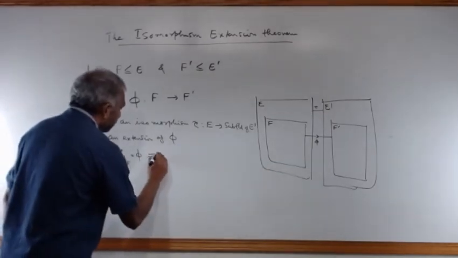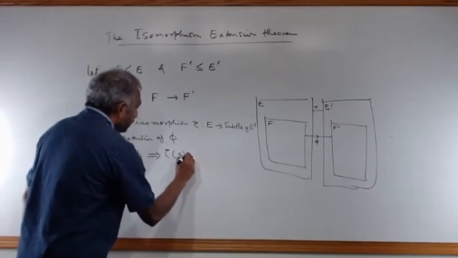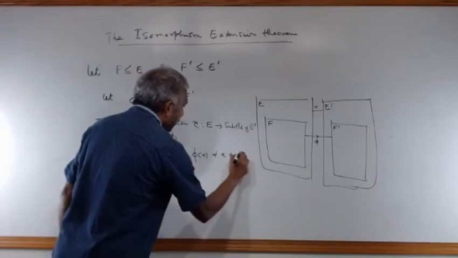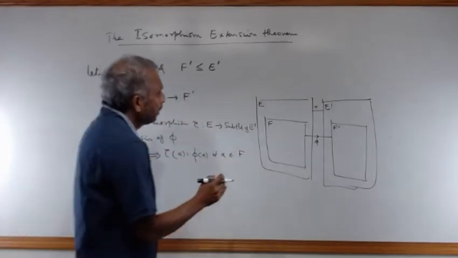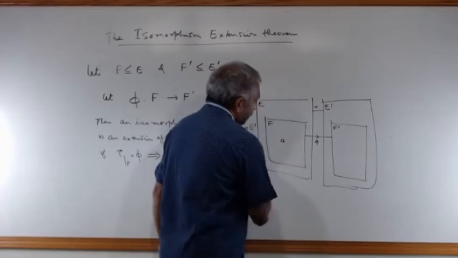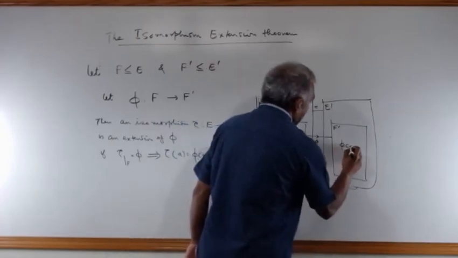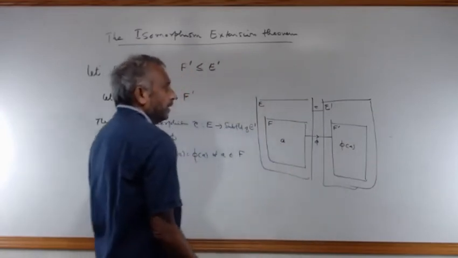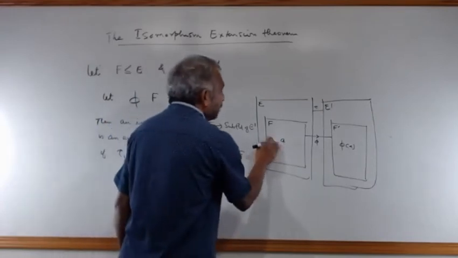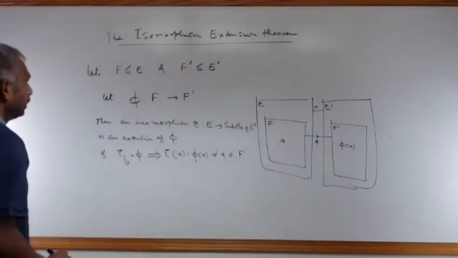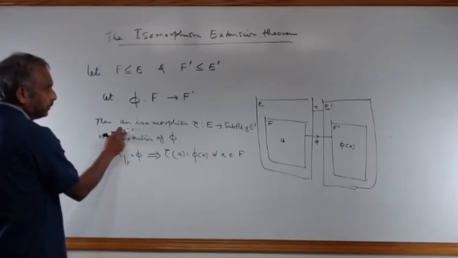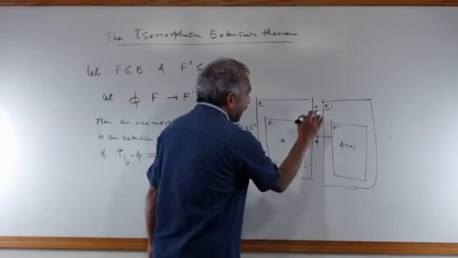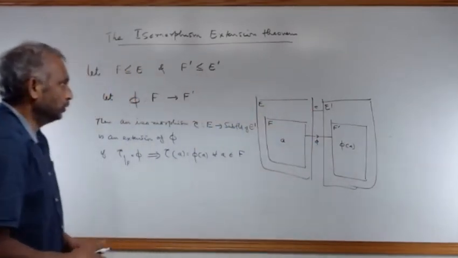In other words, tau of a is equal to phi of a for all a in F. Meaning, if a is mapped to phi of a, then tau of a is also mapped to phi of a. It is not making any difference. So that is the meaning of extension. So as far as phi is concerned, it is not changed under tau.